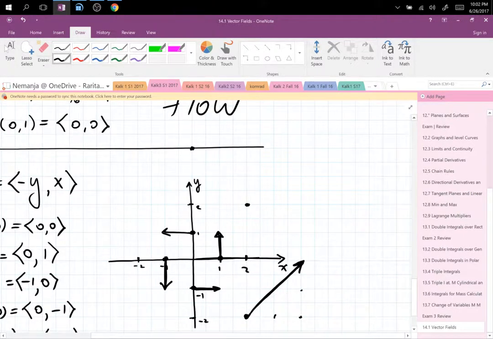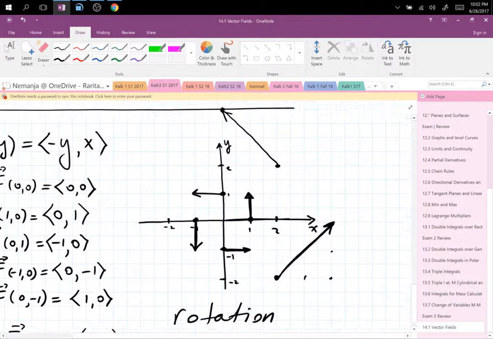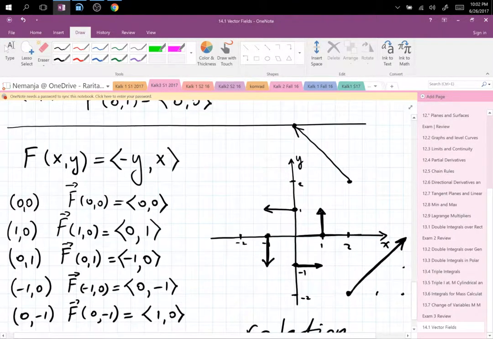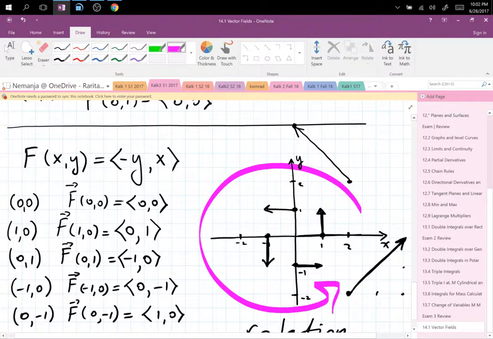So right here, it's going to look like this. You see that all of these vectors are turning stuff counterclockwise. Any vector that you draw on this plane will always tend to move everything this way, no matter where you put the vector.